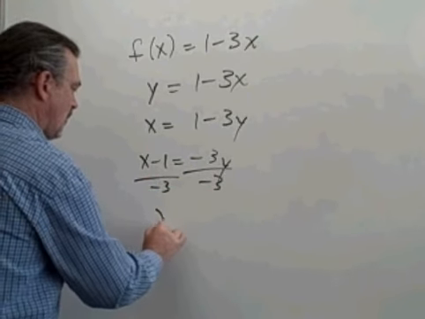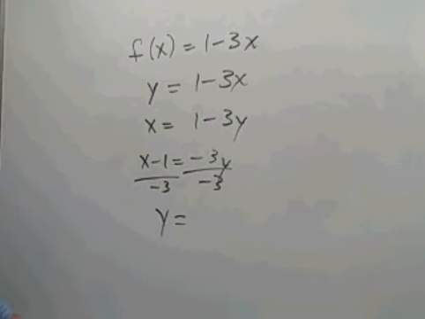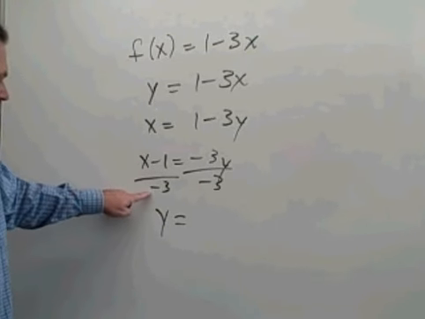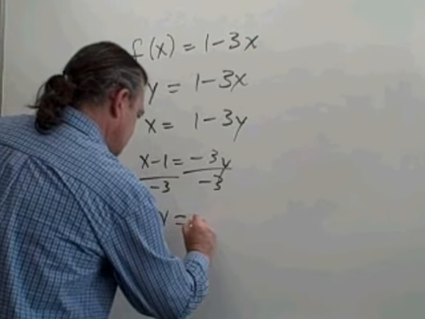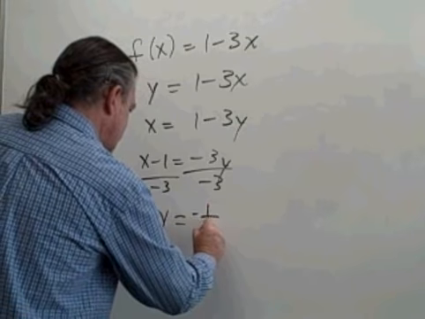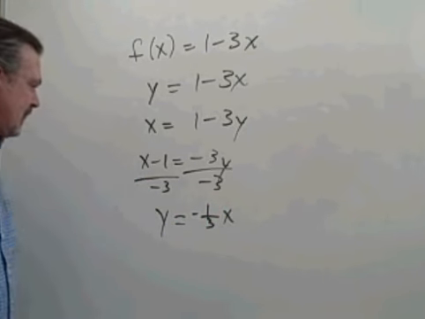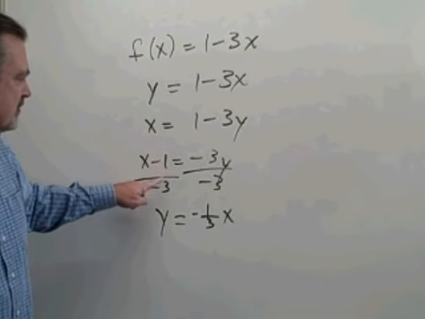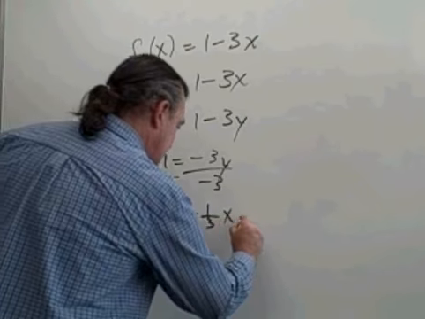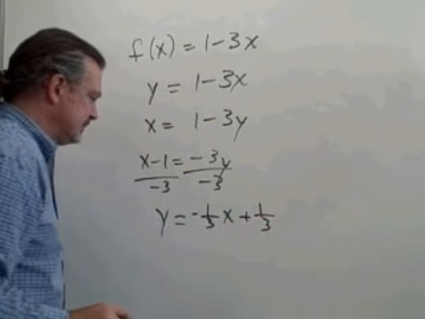So that would give me y equals, well, x divided by -3 is going to be negative 1/3 x. And -1 divided by -3 is plus 1/3.